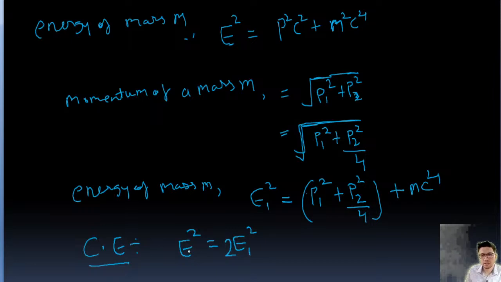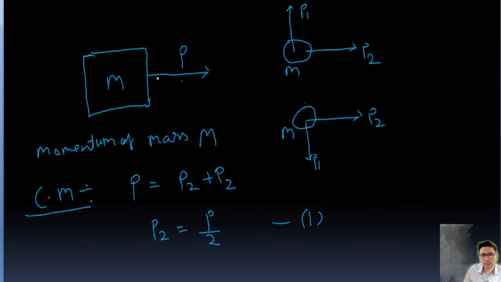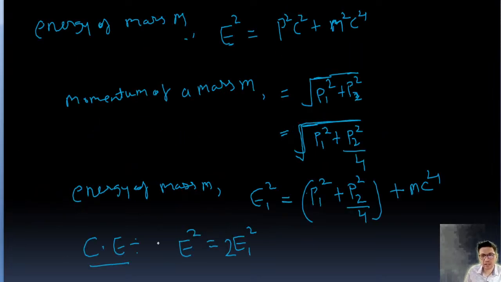This is the conservation of energy. The energy of this particle is the energy of this particle plus the energy of this particle, and these are identical particles having the same mass, so their energy is the same. So that's why E1 square plus E1 square, this is 2E1 square. I hope you have understood it.